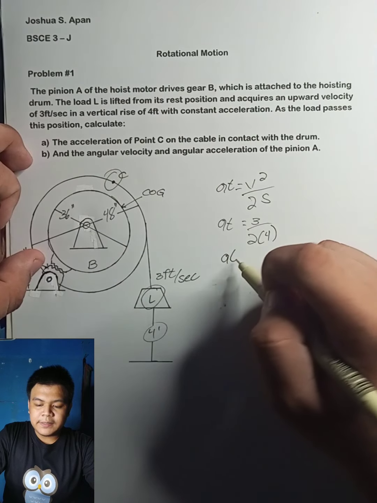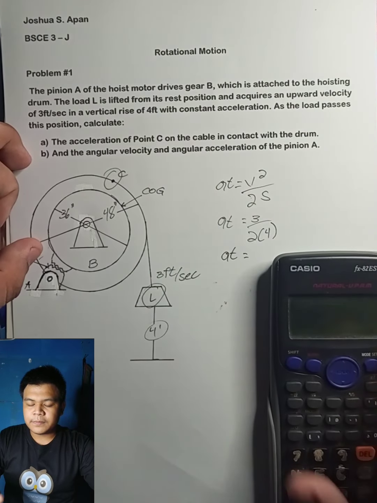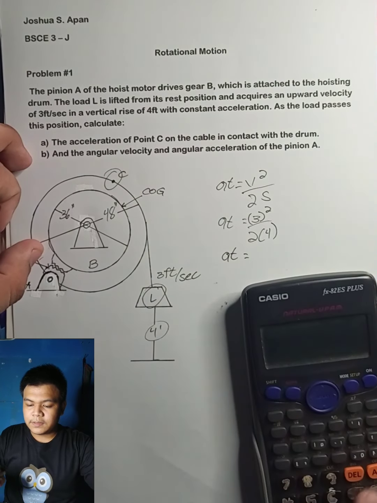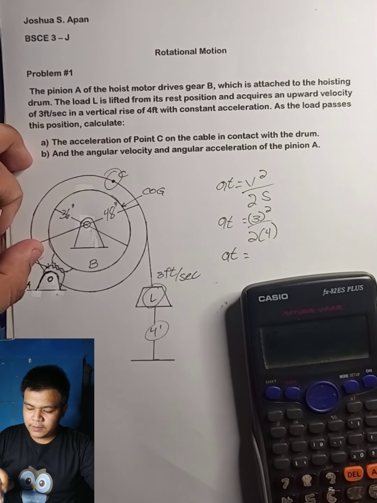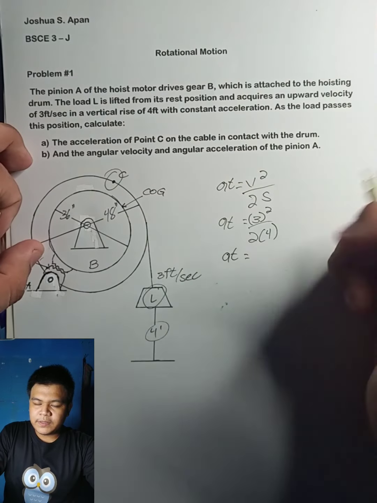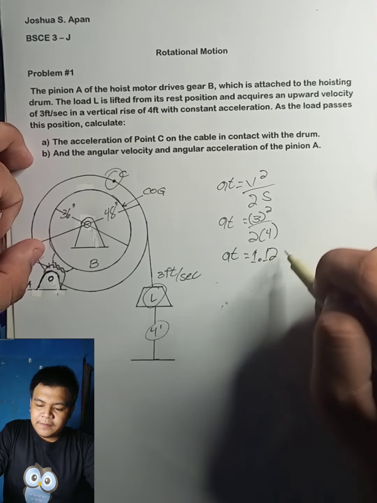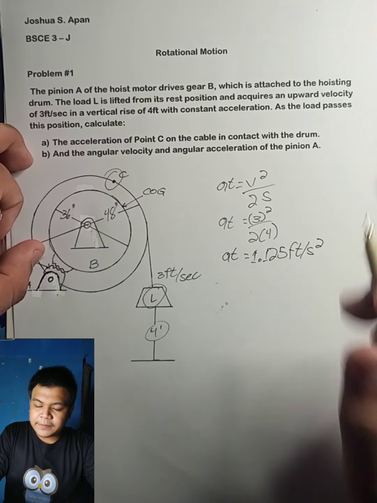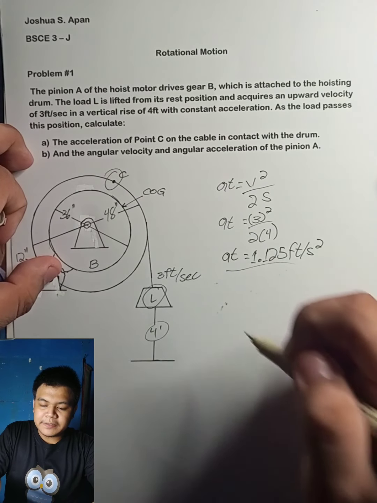AT natin is equal to 3 squared over 2 multiply sa 4, 1.125 feet per second squared yung AT natin, yung tangential acceleration.